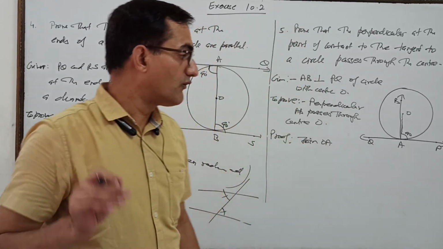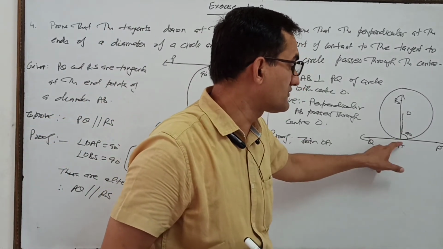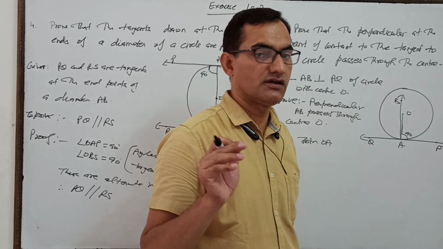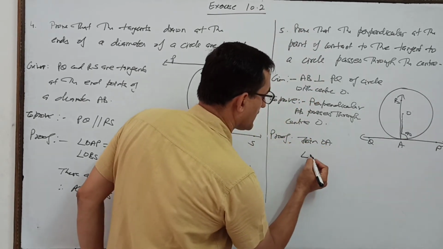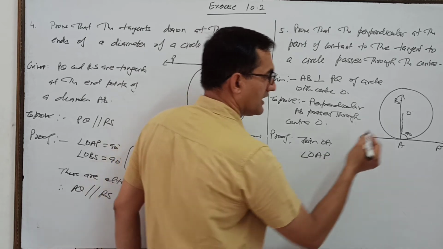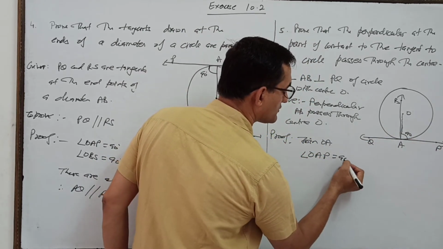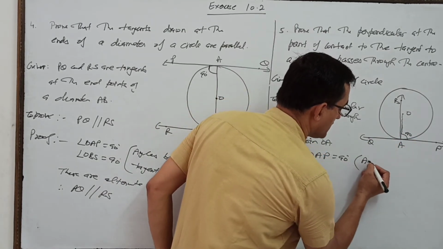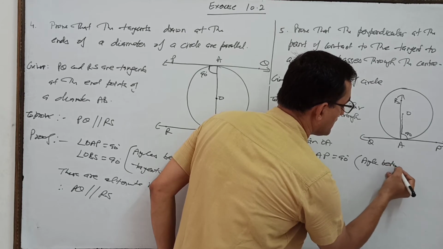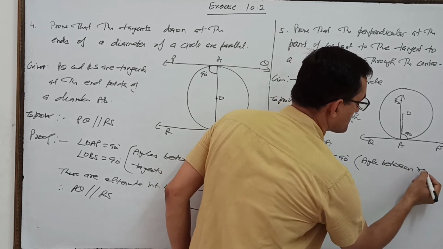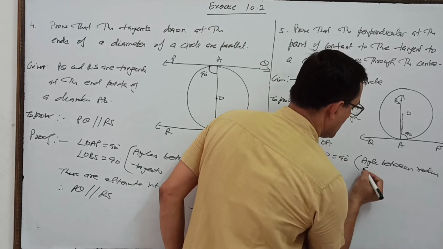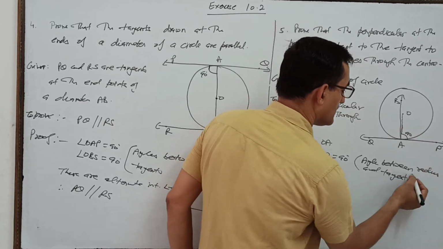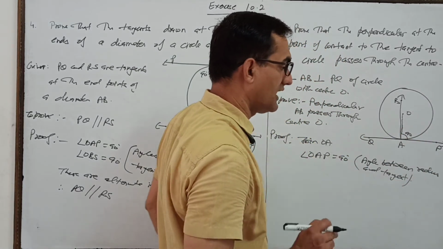Okay, now what we know, OA is radius. So what is the angle between radius and tangent? Angle OAP is equal to 90 degrees. Why? Because OA is radius and this is tangent, so the angle between radius and tangent is 90. And what is given?